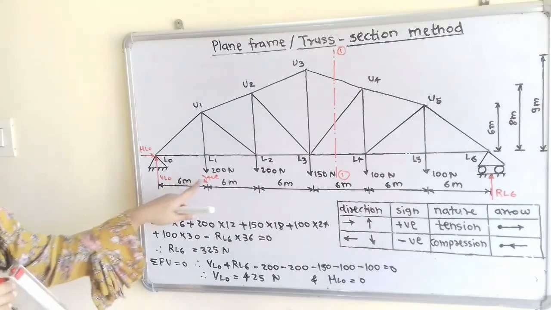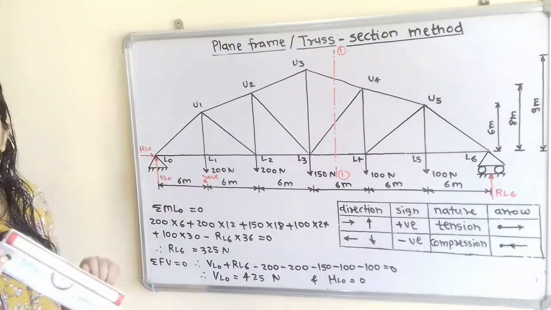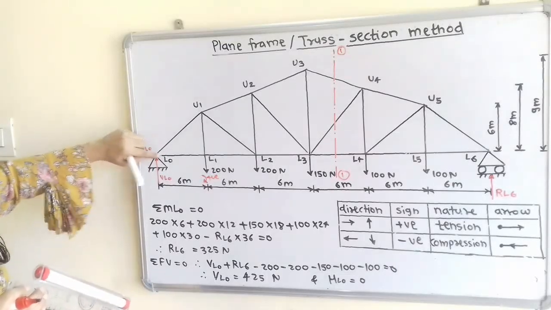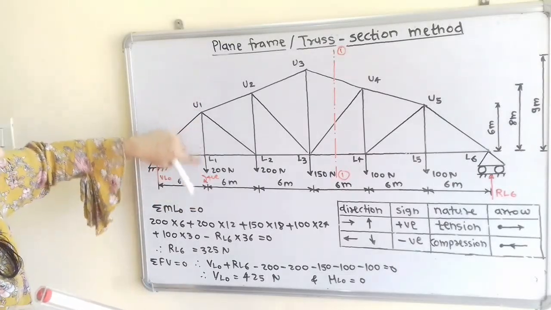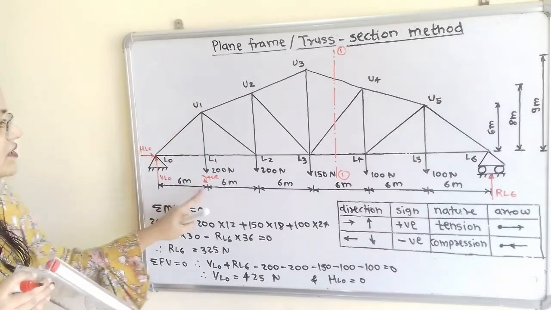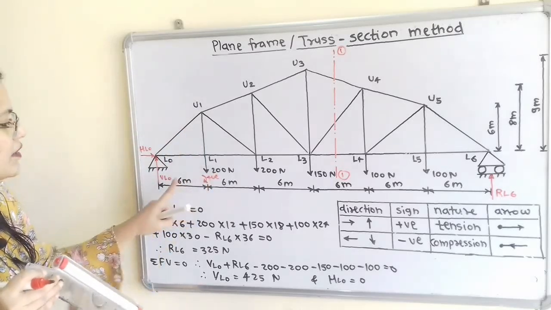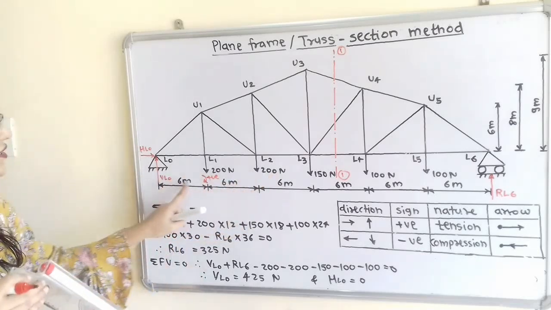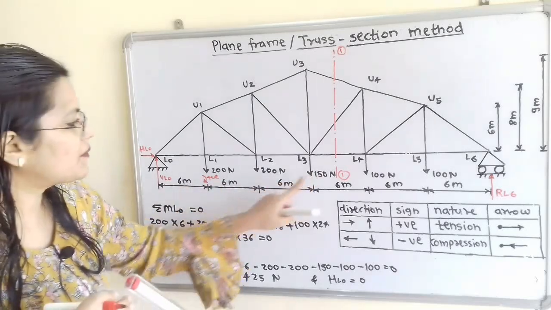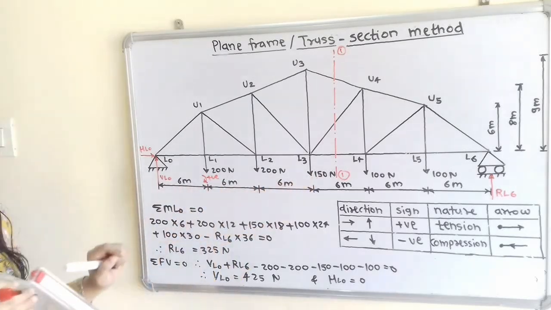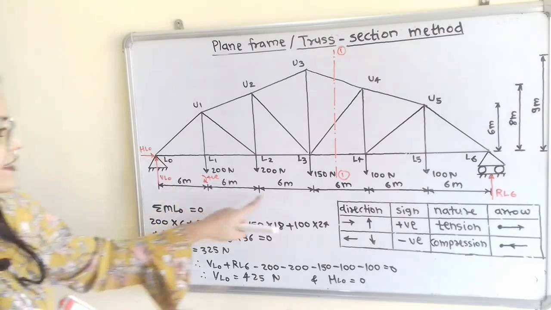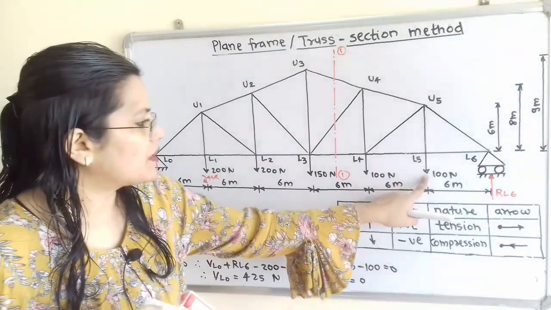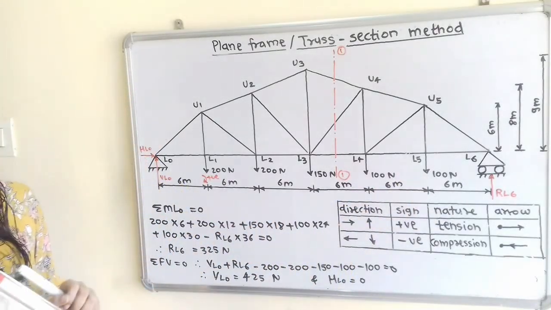So plus 200 into 6, plus 200 into the perpendicular distance 6 plus 6, that is 12, plus 150 multiplied by 6 plus 6 plus 6, that is 18, then plus 100 multiplied by 24 plus 100 multiplied by 30.